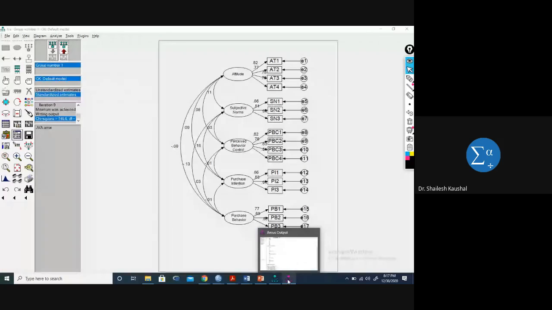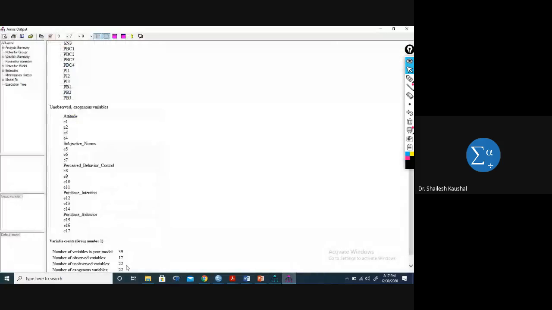This 39 means 17 measured variables, 81, 82, and 17 error terms. 17 plus 17 is 34, and plus 5, so 34 plus 5 is 39. So we can see the number of variables in our model.